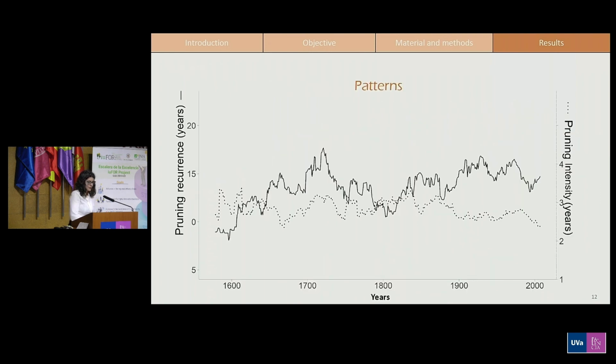Here, you can see the recurrence and intensity of the old trees and sites. Recurrence is understood as the time lapse between two prunings. Recurrence is represented with a solid line and the intensity with a dotted one. Thus, we see that the intensity and recurrence are negatively related.